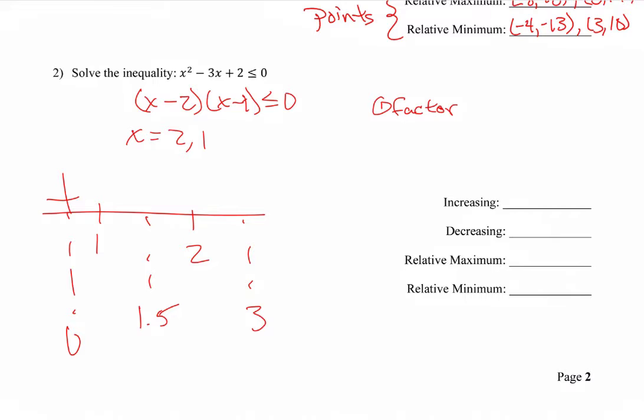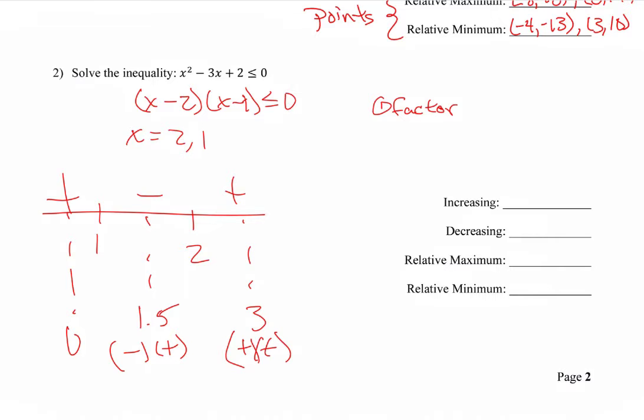For 1.5, I'm going to put it into the factored version, and so I get negative times a positive, so I get negative. For 3, I'm putting it into the factored, and so I get a positive times a positive, so I get positive.